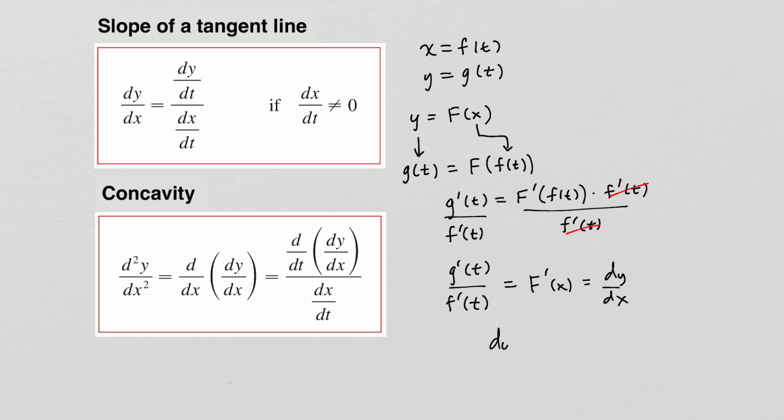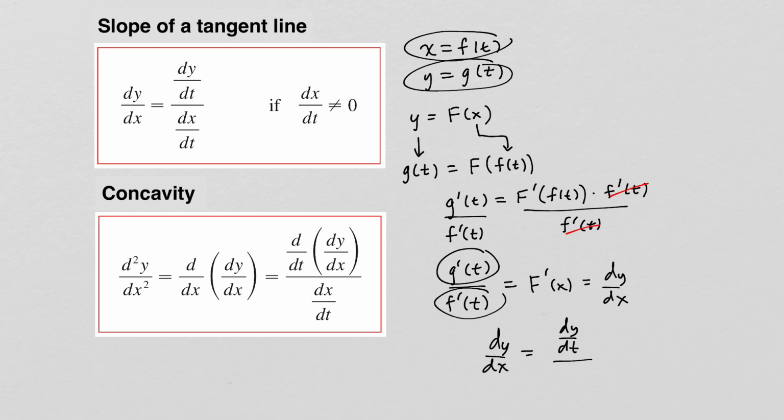And so in the end here, we have dy dx is equal to g prime of t, which is the same as dy dt, divided by f prime of t, which is the same as dx dt. And so we have the formula dy dx is equal to dy dt divided by dx dt. And you can see that summarized here.